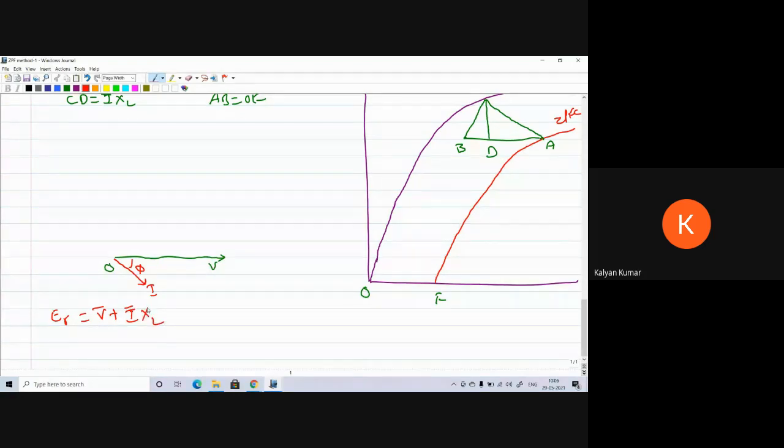So the air gap EMF is given by the terminal voltage plus the leakage reactance drop that we saw when we were discussing leakage reactance.